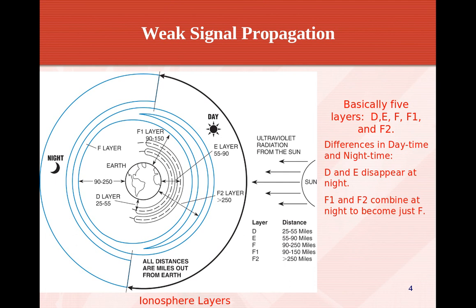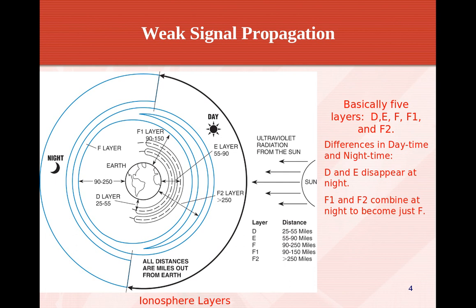Alright, so basically we have 5 layers of the ionosphere: D, E, F, F1, and F2. Now, why did they start at D? Because they originally thought there might have been more layers between the Earth and layer D, but that wasn't the case. So, during the daytime, layer D, E, F, F1, and F2 are separate.